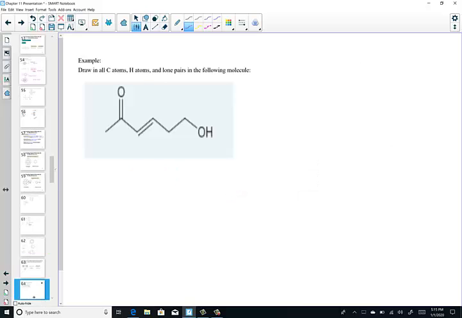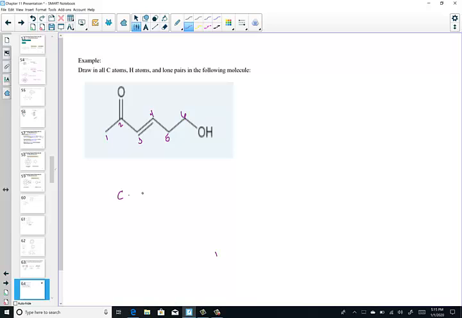As an example, on the top of page 14, it asks us to draw on all the carbon atoms, the hydrogen atoms, and lone pairs that we would find in the following molecule. So I'm going to number 1, 2, 3, 4, there's a double bond, 5, 6, and that carbon number 6 has an OH leading out to it.